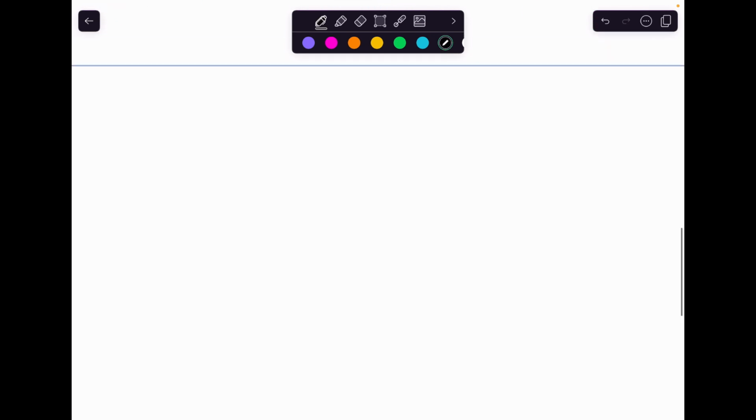So since we have 8, we call these octants. So the 3 coordinate planes divide space into 8 parts, which are called octants.